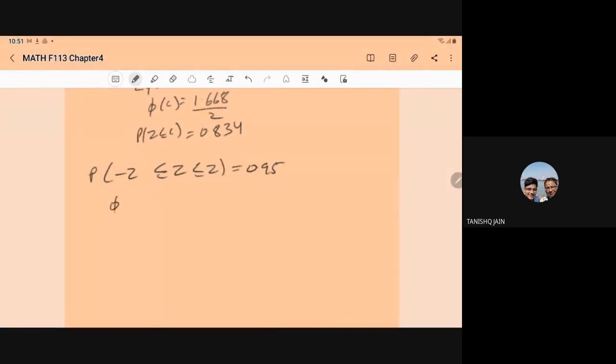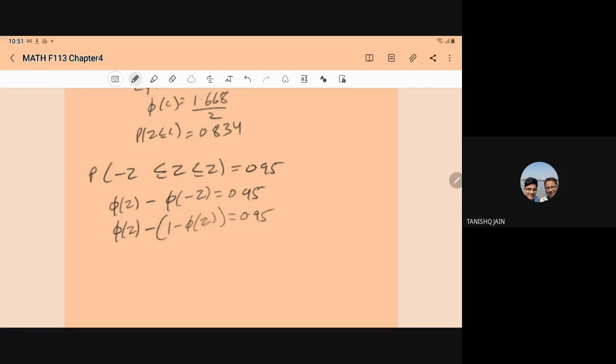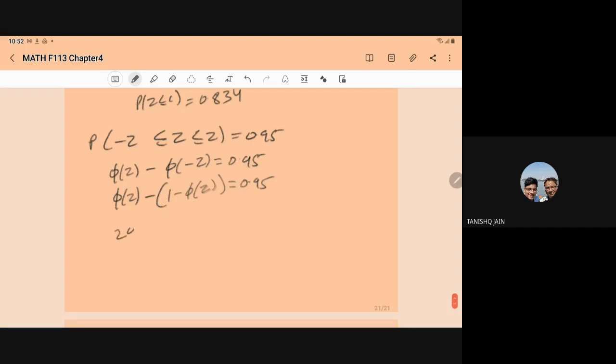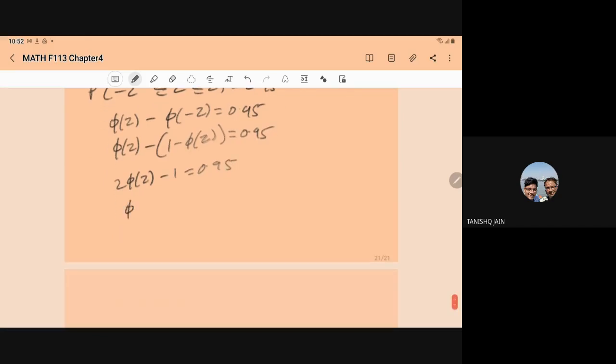This can be written as phi of Z minus phi of minus Z is equal to 0.95. So phi of Z minus (1 minus phi of Z) is equal to 0.95. So it will become 2 phi of Z minus 1 is equal to 0.95. So phi of Z is equal to 1.95 divided by 2.